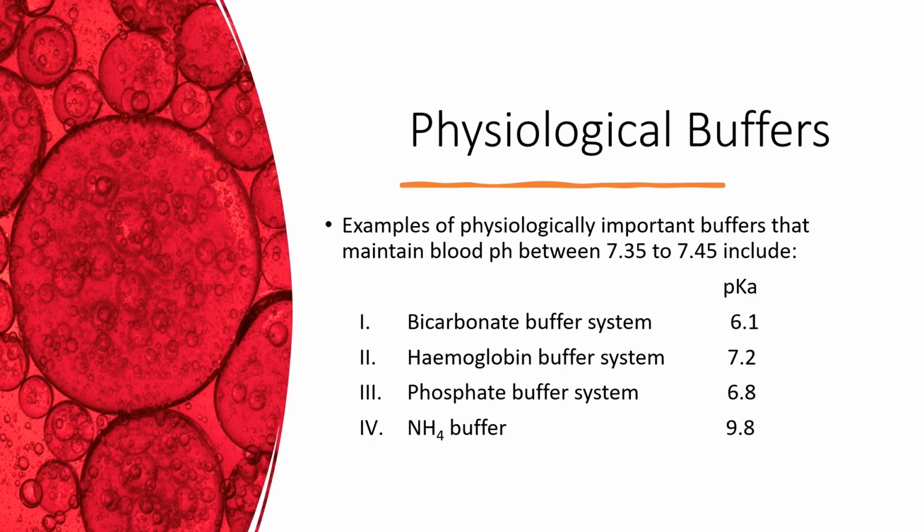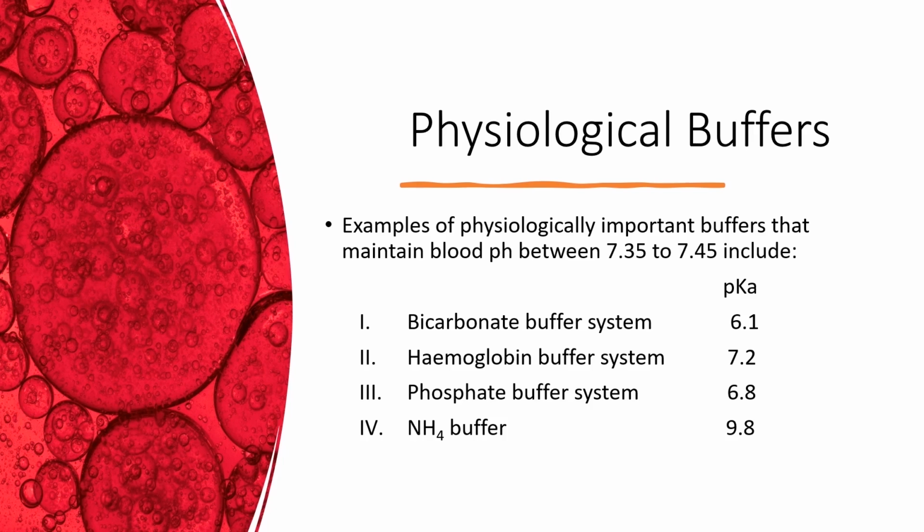Now, it will appear, looking at this page, that the hemoglobin buffer system, which has a pKa of 7.2, is the best buffer system for the blood, compared to the bicarbonate buffer system, which has a pKa of 6.1.